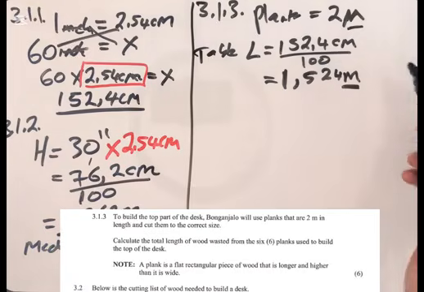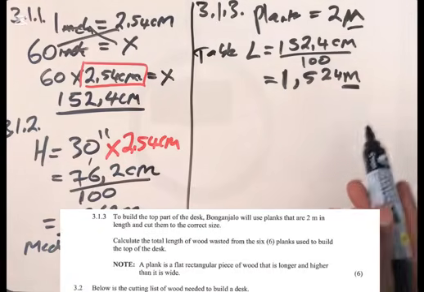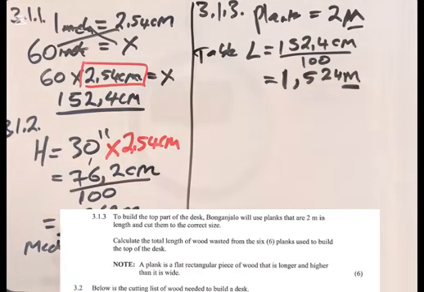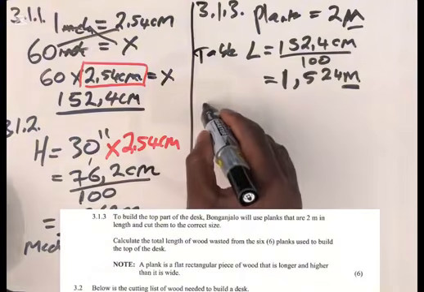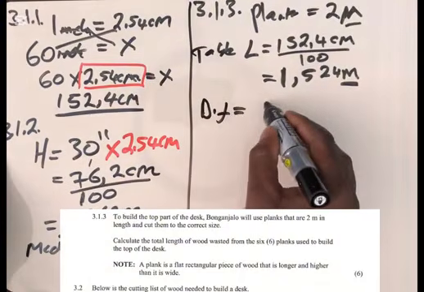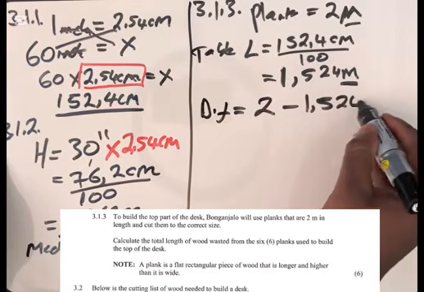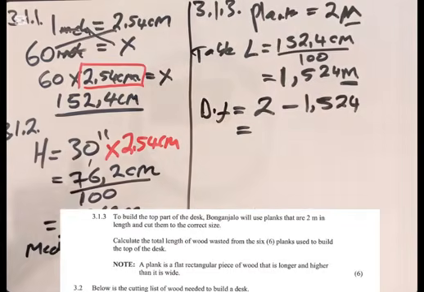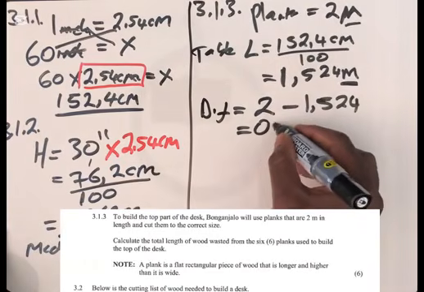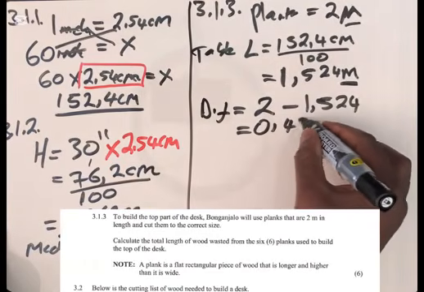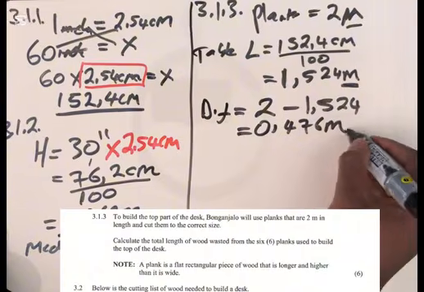The plank that you buy is 2 meters long, but the table is 1.524 meters. So let's look at the difference. The difference is 2 minus 1.524. We found that the difference is 0.476 meters.